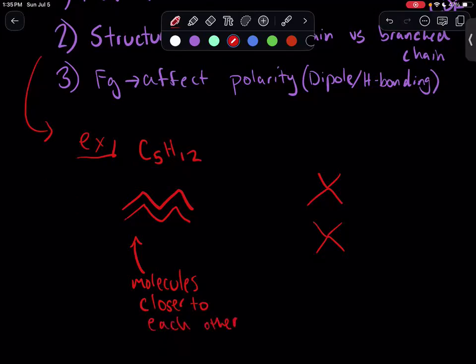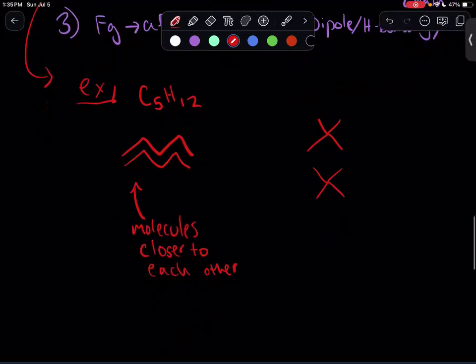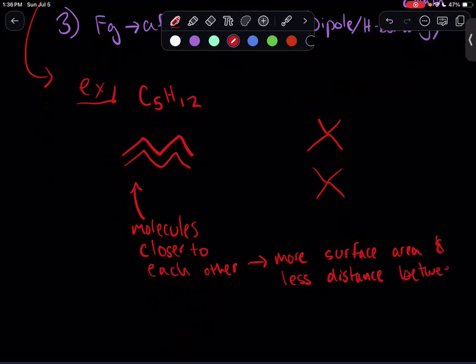And when we talk about any sort of force or electrostatic attraction, one of the biggest factors is the distance between charges. And because molecules can get closer, we have more surface area and less distance between induced dipoles.